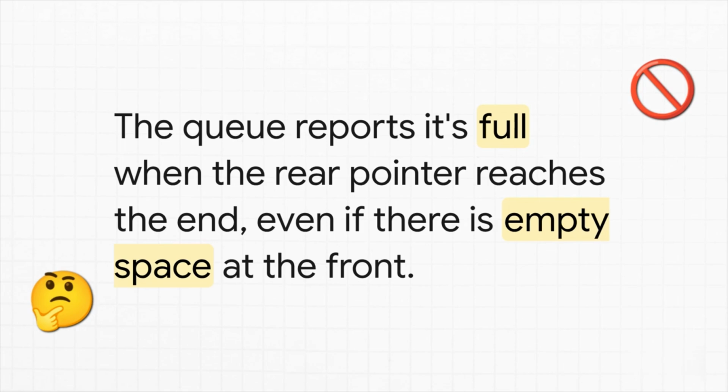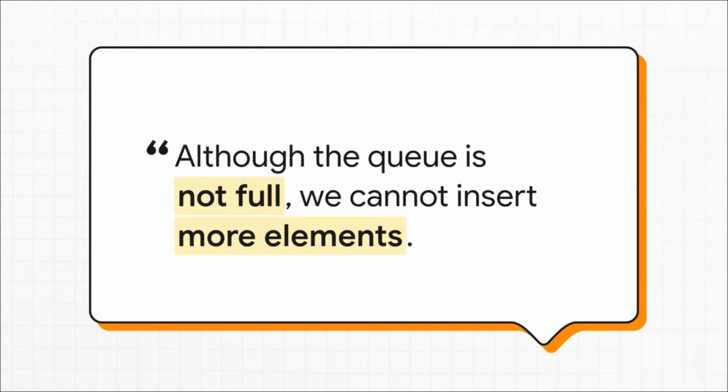The rear pointer can't move any further, so it just says, nope, sorry, we're full. All that empty space is just sitting there, completely wasted. So we get stuck in this ridiculous paradox. The program is telling us the queue is full, but we can literally see the empty spots right there at the front. This is a massive inefficiency, and it needs a solution.